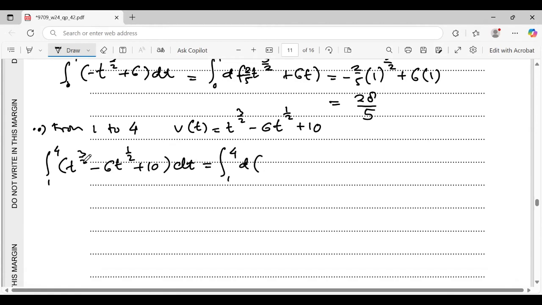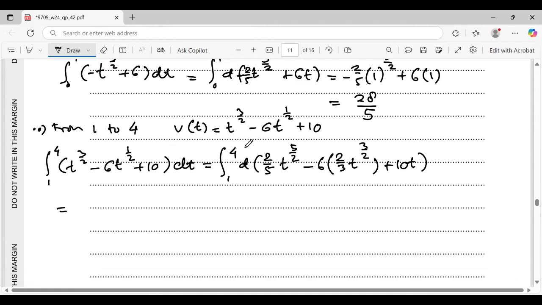We're going to find the integral of this expression, and the integral is 2/5 t to the power 5/2 minus 6 times 2/3 t to the power 3/2 plus 10t.